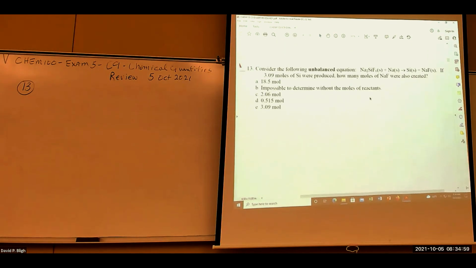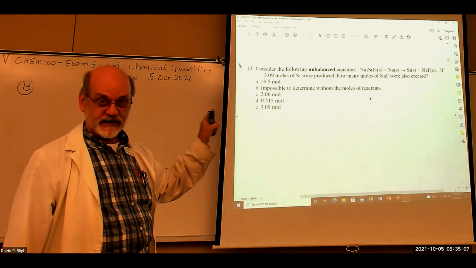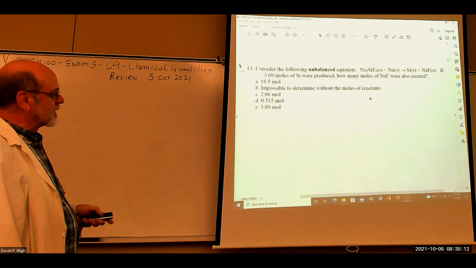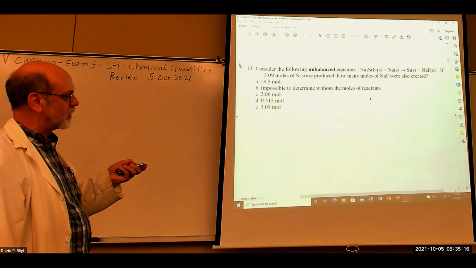Okay, there's 13. Consider the following unbalanced equation. There's a clue right there: you're going to have to balance this thing. If 3.09 moles of silicon were produced, how many moles of sodium fluoride were reacted?